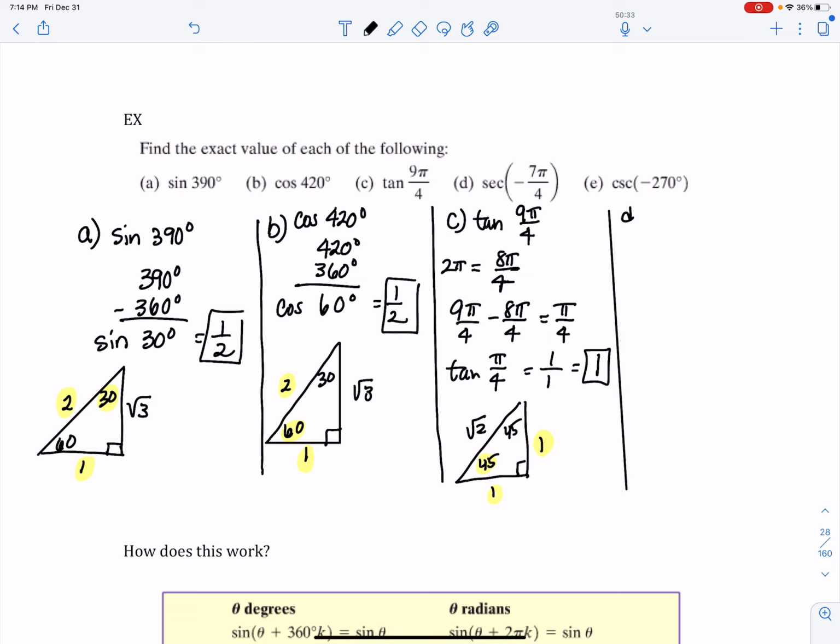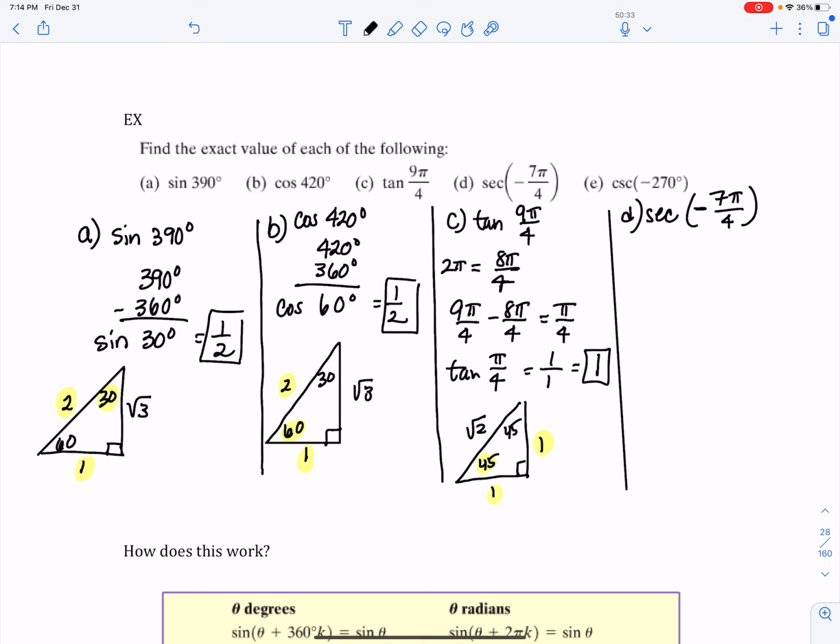D. Now we're getting into negatives. So we're looking for secant of negative 7 pi over 4. So remember, for a negative angle, we're just looking for that terminal side. So if we're looking for the coterminal angle in standard position, I want a positive angle.